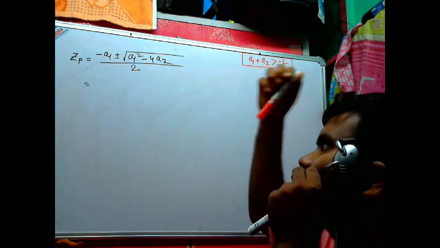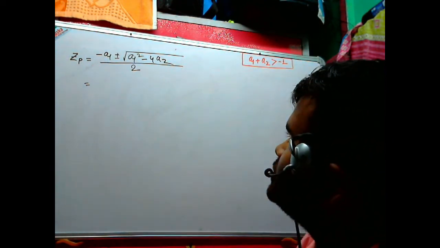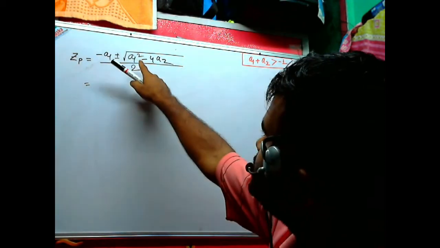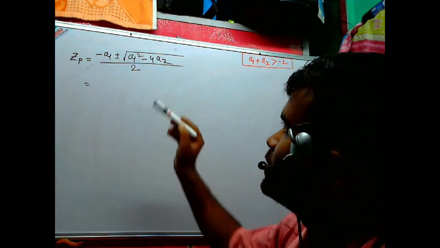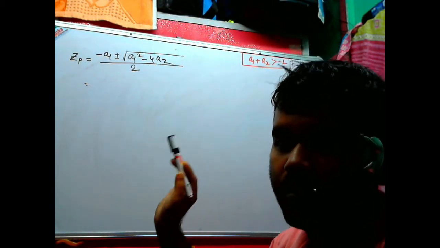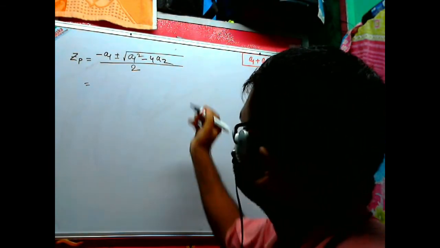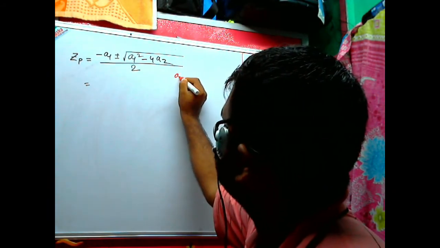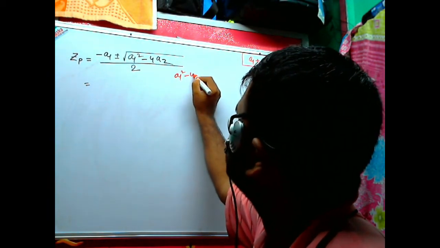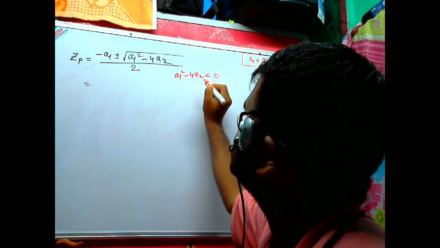Now let us assume that a1 square minus 4 a2 is less than 0. At that time the roots are complex.